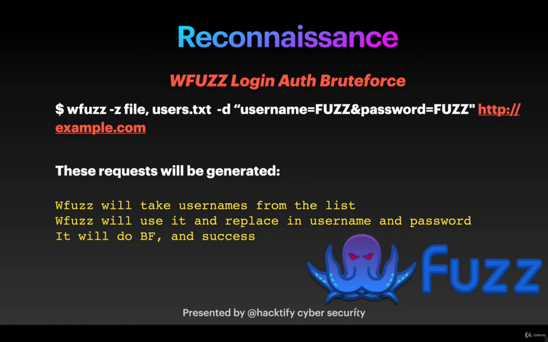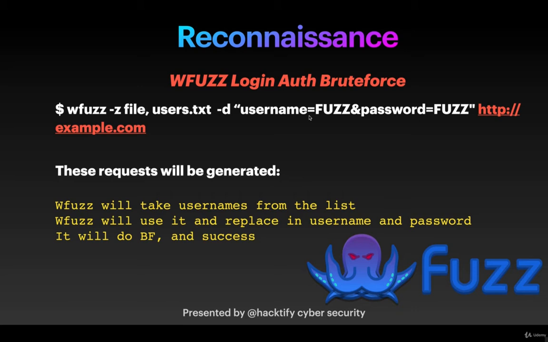The syntax of doing this is WFuzz -z file, users.txt, which is exactly the same as we did previously. We are supplying a word list. With the help of -d, you can supply the body of the request.